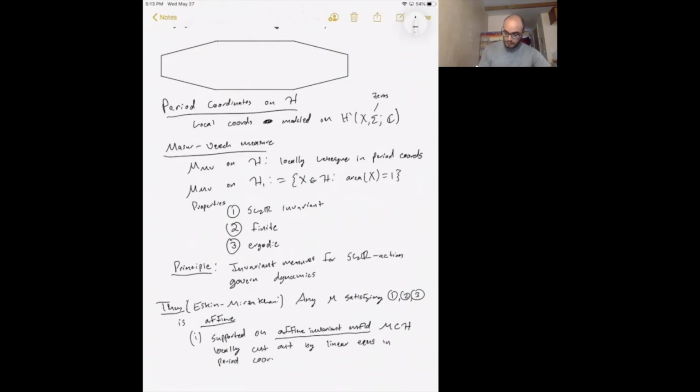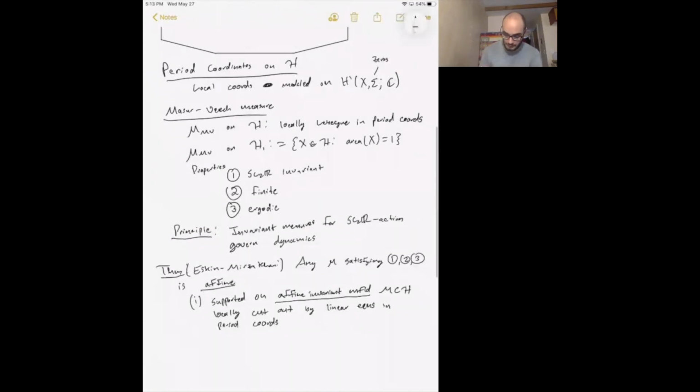So period coordinates give the stratum a local linear structure, and the affine invariant manifolds are locally linear subspaces with respect to that linear structure. Now, that's what the support is, and then the measure is locally Lebesgue measure on the subspace corresponding to M.